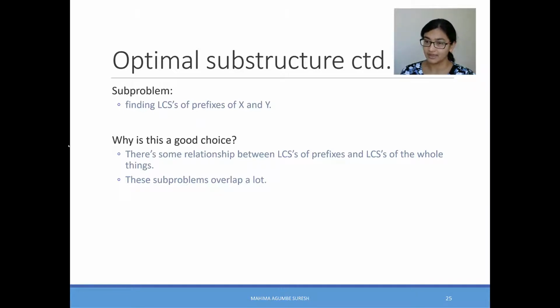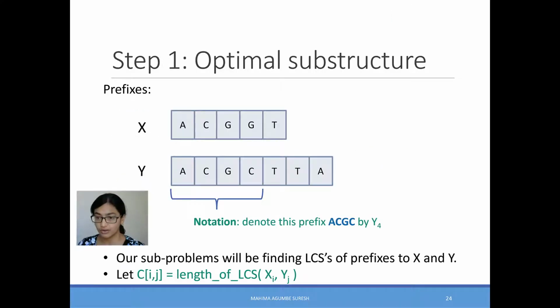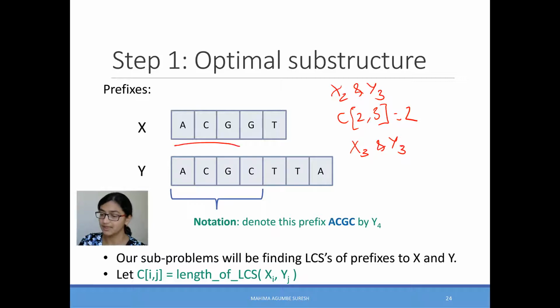Let's see an example of why this is true so that it's very clear why the subproblems overlap and why dynamic programming is a good choice for this. We already found that the longest common subsequence between x2 and y3, which is C of 2, 3, was 2. The reason why we have overlapping subproblems is because we can use C of 2, 3 to find the longest common subsequence between x3 and y3, which is basically this substring and this substring.